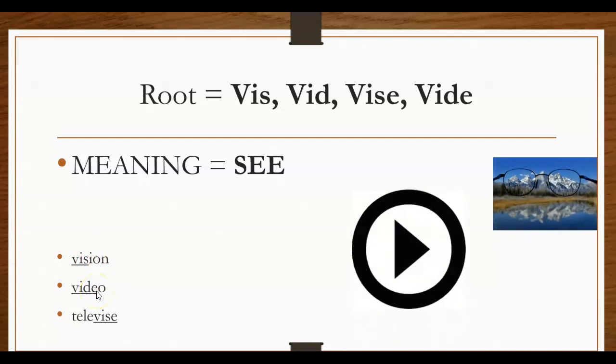Video, which is when you take something and you record it so that people can see it. Or televise, which means to put something on the television so that it can be seen. So all of these have different versions of that root, vis, vid, vis, or vide, and they all refer in some way to seeing.